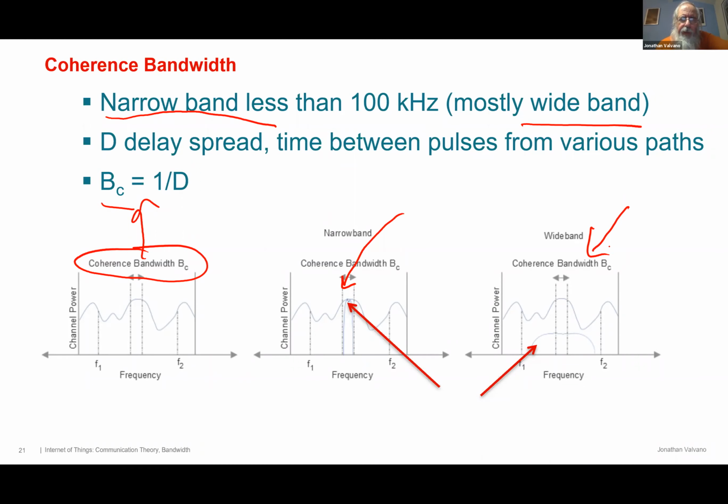The coherence bandwidth is smaller, so the delay is bigger than the signal. You're comparing this little waveform, which represents the frequency of the signal that we're sending. This is the transmission bandwidth, the transmission power versus frequency. The difference between wideband and narrowband is the relationship between the signal spread and the coherence bandwidth.